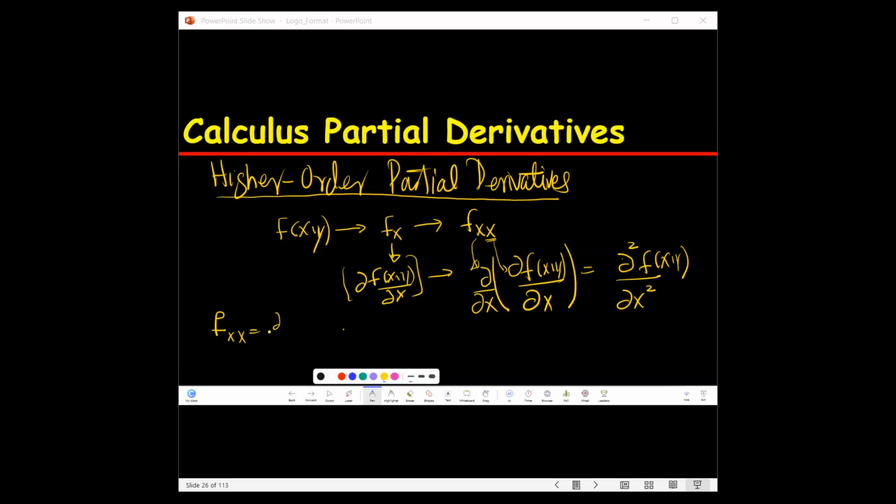This means, if somebody writes like this, there's a square here. And if somebody is writing like this, it means this. Starting from the left, the first derivative is inside the parentheses.